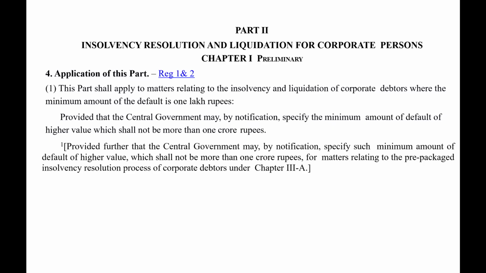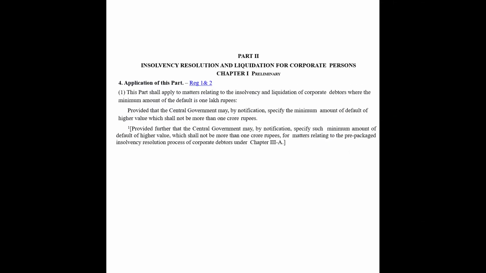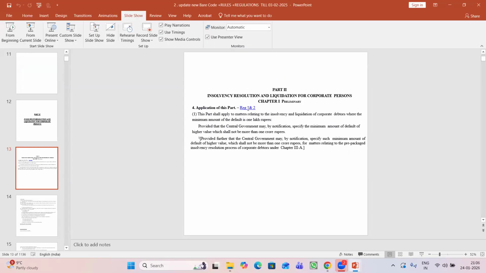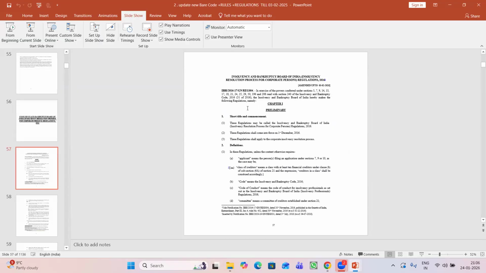But in case of pre-pack, it says minimum may be higher value, right? Which shall not be more than 1 crore rupees for matters relating to pre-packaged insolvency resolution process of corporate debtors. And along with this, we have to read the regulation number 1 and 2 also. So if we see what is regulation 1 and 2, this is regulation number 1 and 2.